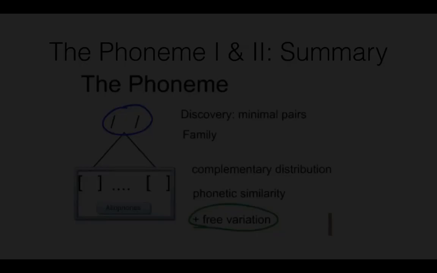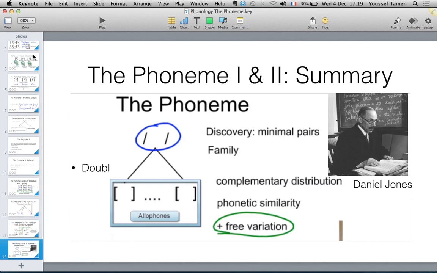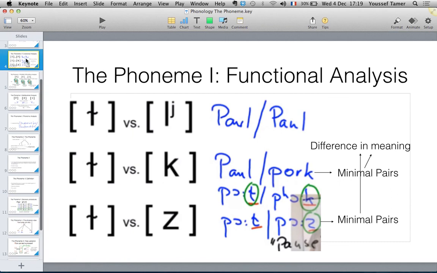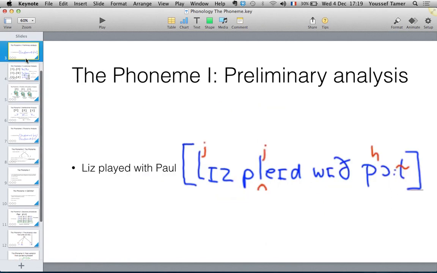Let me go back with you here. For example, here you have: Liz played with Paul. So we have to focus with me. You focus on Liz and played and Paul at the end. Complementary distribution means that one sound never occurs in the environment of the other.